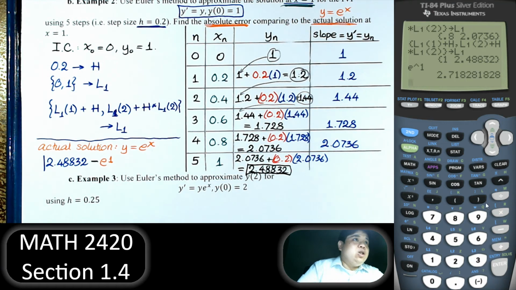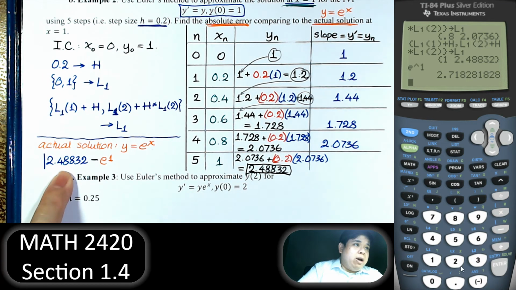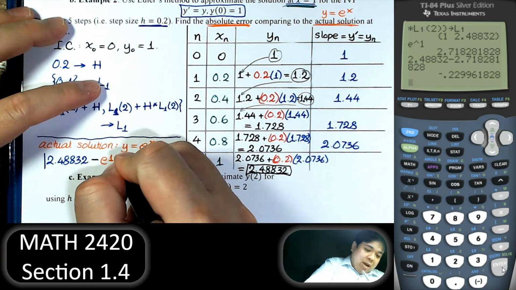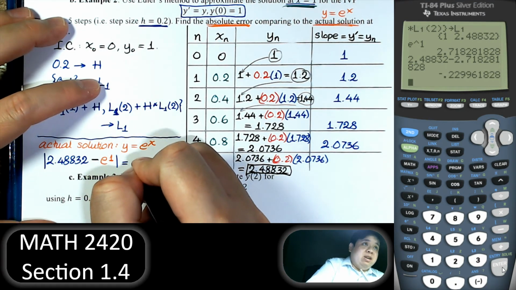So we will take the approximation minus the actual solution. And if we have absolute values, we don't need to write the negative sign.